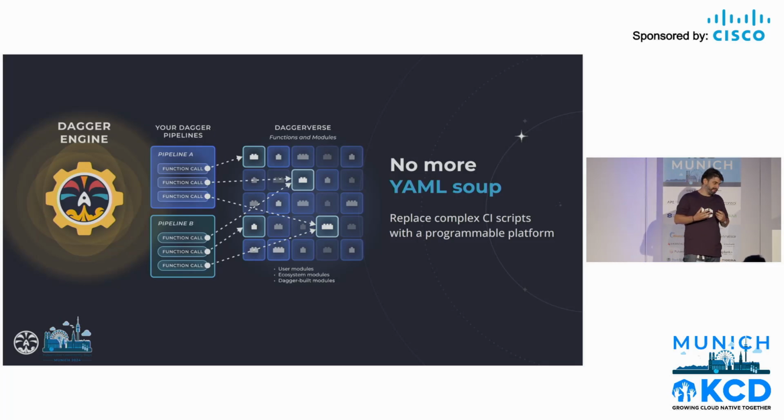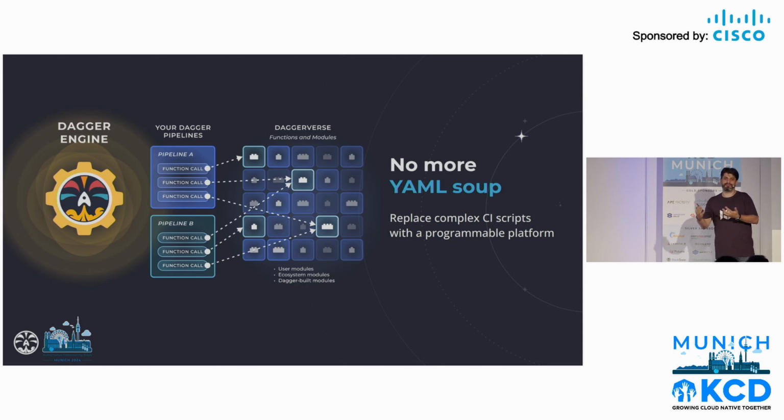So the good thing is that once you have, let's say, a deploy module, you can use this one from any of your pipelines. If you have multiple repositories and they all have their own pipeline, then you just write one module and then you can use it everywhere.